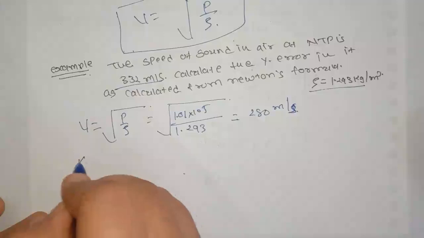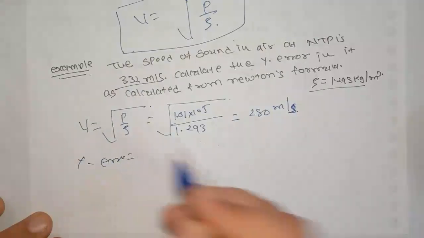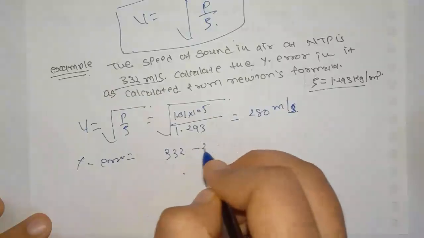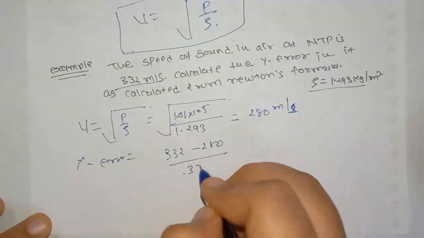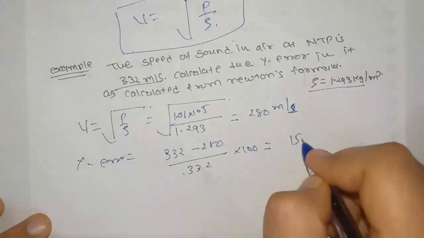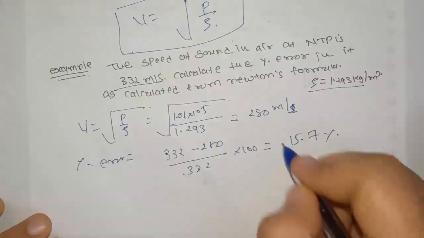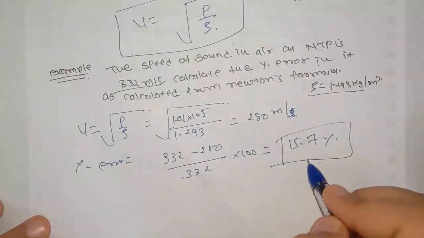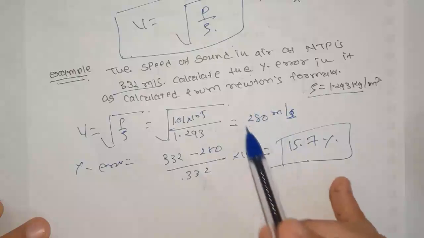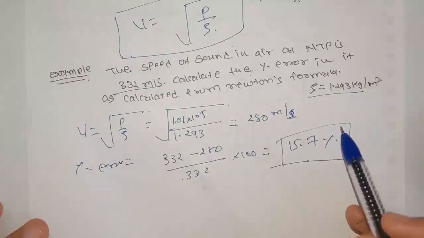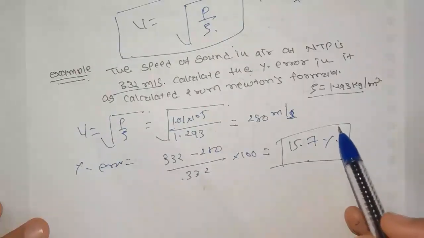Now, the percentage error will be 332 minus 280 divided by 332 into 100. That will be approximately 15.7%. So, from this we can see that Newton's equation does not give the correct value of velocity of sound in air.